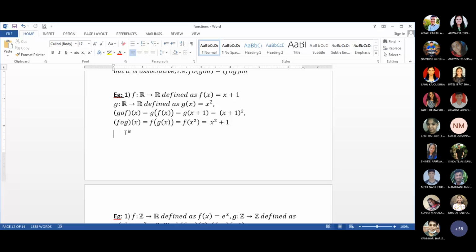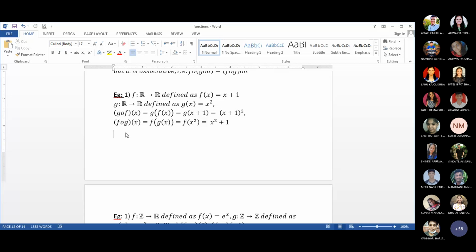So what is g composed with f? G composed with f is g of f of x. But what is your f of x? x plus 1, right? So वो हो जाते हैं मेरा g of x plus 1. And what is g of x plus 1? x plus 1 the whole square, क्योंकि the way in which my g of x is defined, g of x is defined as x square.